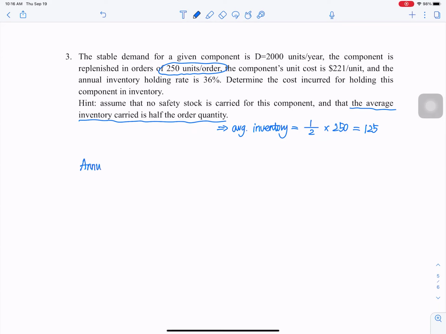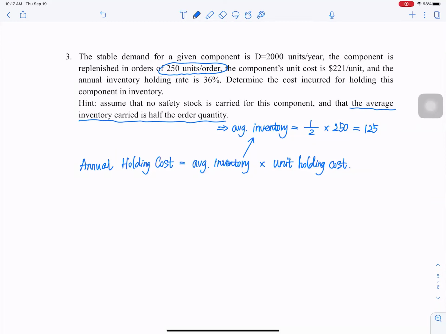All right. So to calculate the cost incurred for holding, we need to calculate the annual holding cost, which equals average inventory times unit holding cost. And for the average inventory, we have already calculated it using the order quantity.